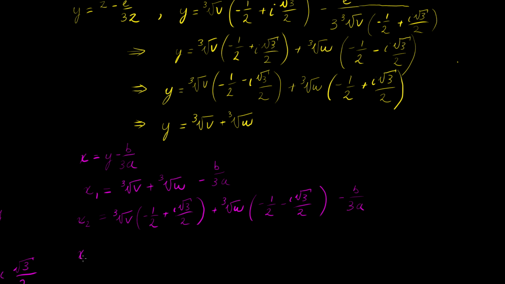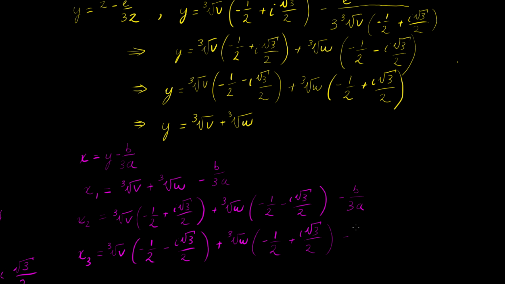And our final solution is just going to be the cube root of v times all of this business. So it's just going to be the conjugate of the previous one, negative 1/2 minus i roots of 3 over 2, plus the cube root of w times negative 1/2 plus i roots of 3 over 2, and then we have minus b over 3a.